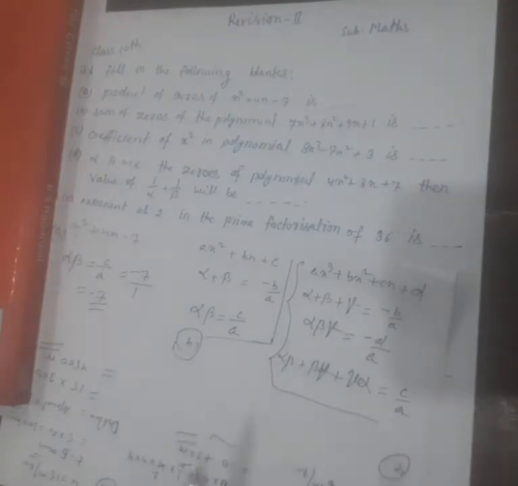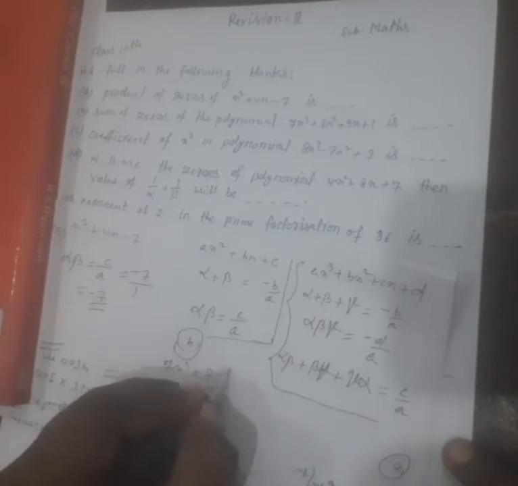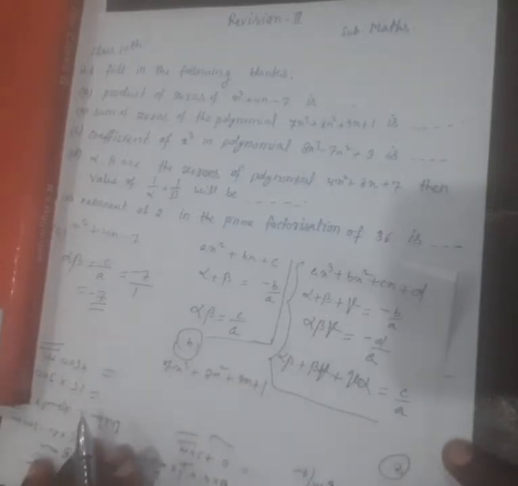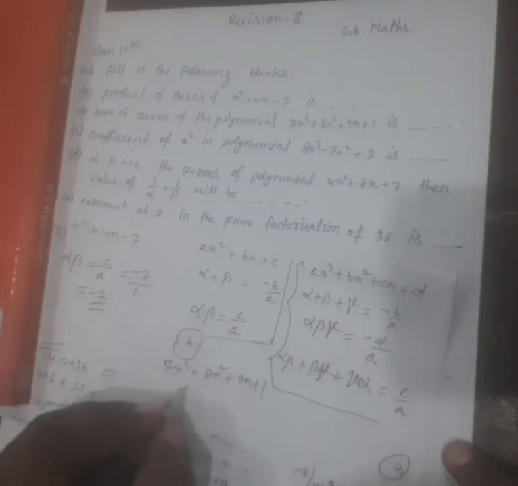So for this question, 7x cube plus 8x square plus 9x plus 1, we have to find alpha plus beta plus gamma, the sum of zeros.